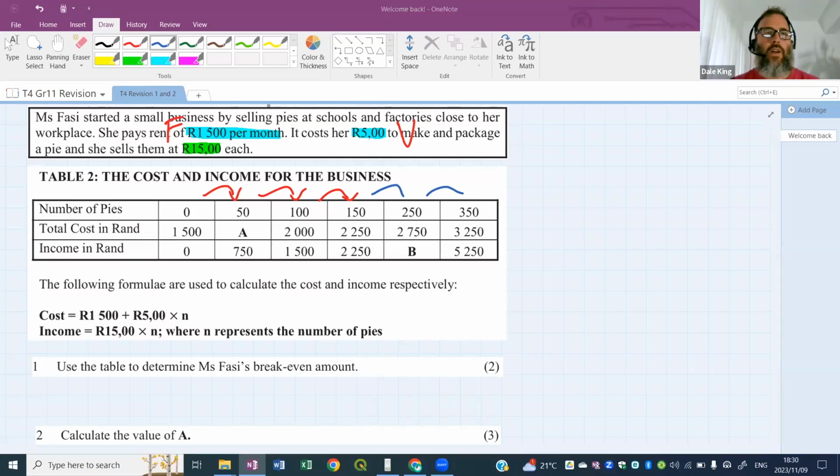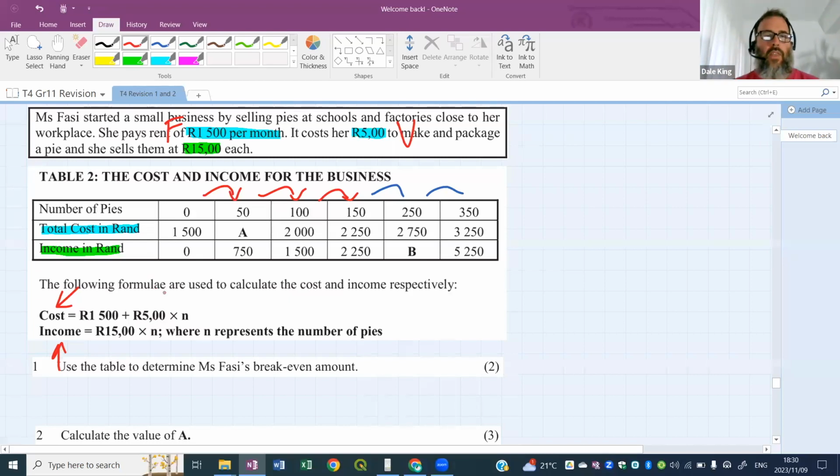Okay. All right. So there's a table for total costs. I'm going to highlight that in blue like we did in the text. And then the green is the income. Okay. The following formulae are used to calculate the cost and the income respectively. Now, these formulae or equations that we see here, one for cost and one for income, you should be able to build these yourself. That is often a question in an exam, to build these equations.